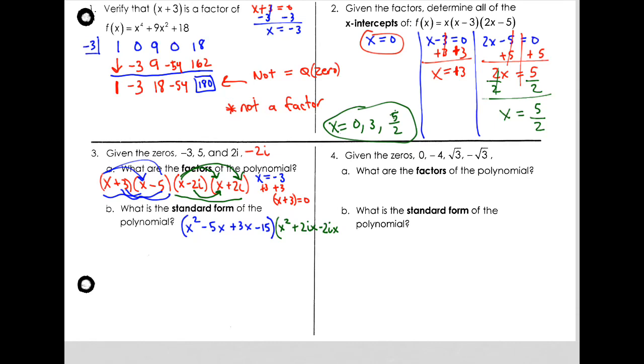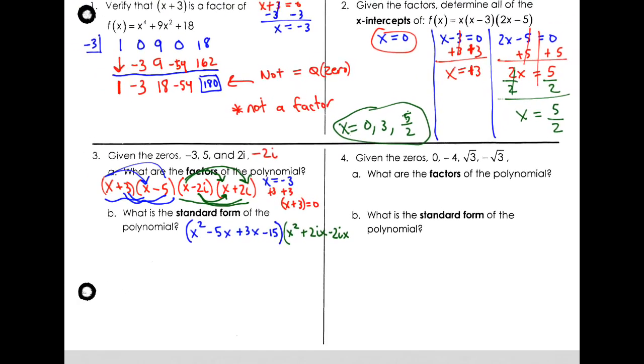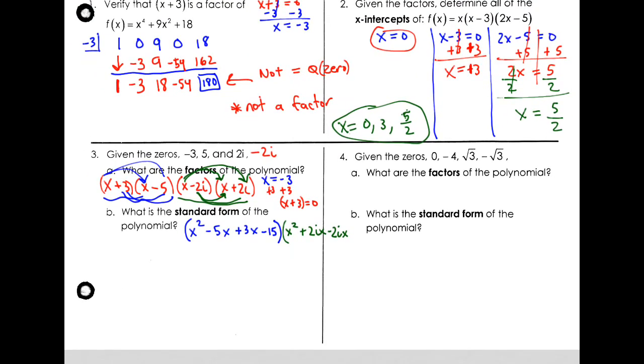That's not the same variable as i, that's why you can't just combine them with anything else. All right, so then you got negative 2i times negative 2i. Sorry, my screen's kind of bouncing around here. That becomes not a positive, a negative 4i squared.